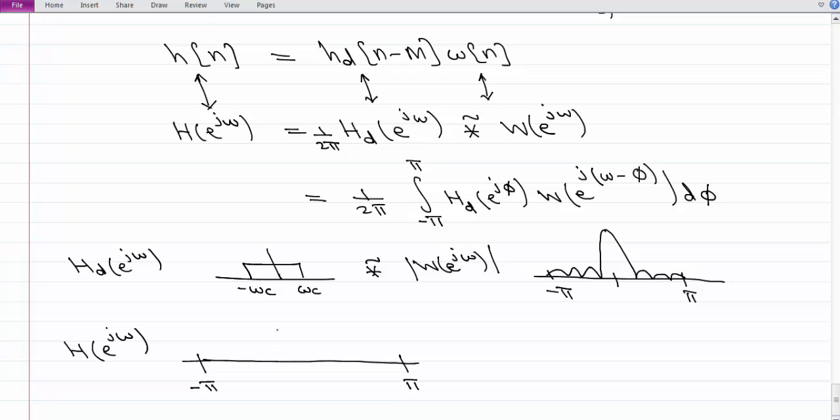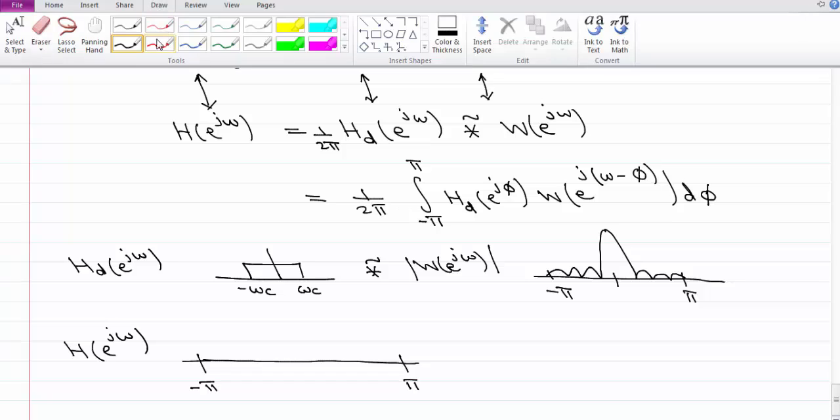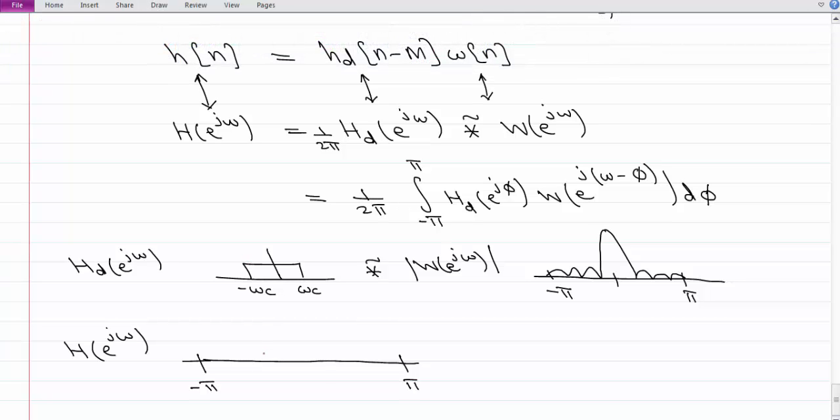The first effect is that instead of the roll off at omega c, the cutoff being very sharp, what you see is a smoothing of that cutoff. So if your original filter was this, your new filter is going to have a smooth transition. Okay, so this is the smoothing effect.